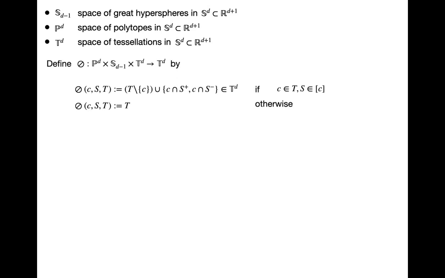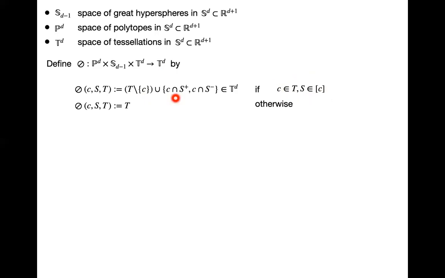And now we formally define the splitting operator, and the splitting operator expects a tessellation, a cell of this tessellation and a great hypersphere that intersects this cell, and it outputs a new tessellation. And how is it acting? Well, if you have a tessellation, a cell of this tessellation, and a great hypersphere that intersects this cell, then you take out this cell from the tessellation.